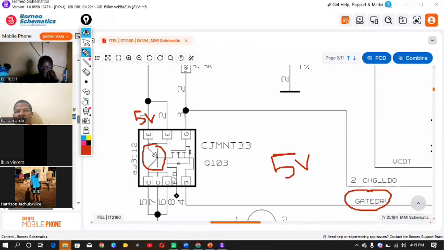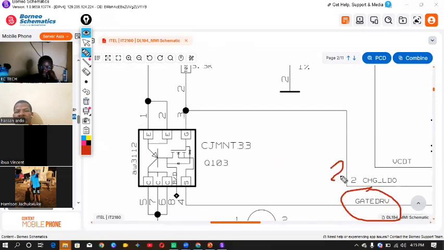Sorry, I mean, if this gate voltage is not coming, that's 2.8 volts, not 5 volts, if it's not coming from the power IC, or the chipset, this transistor inside it will not drive.